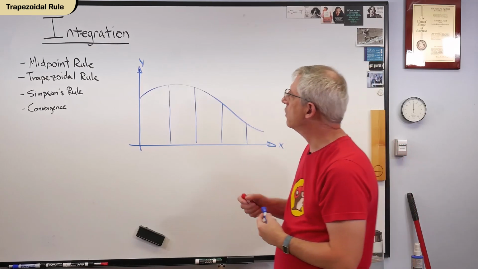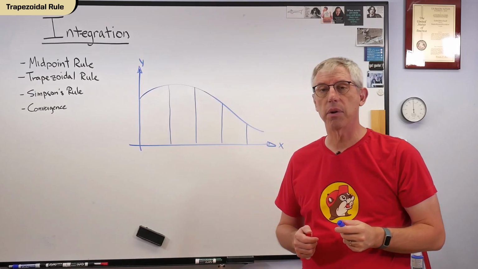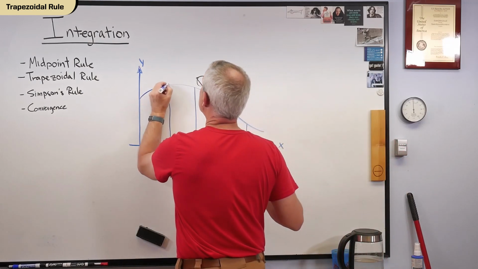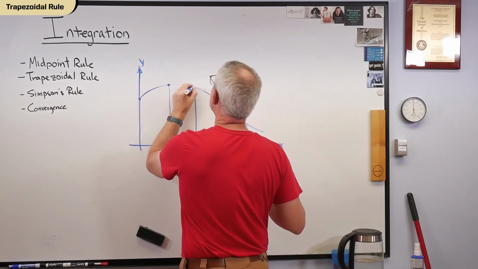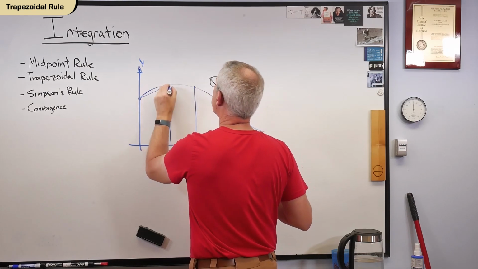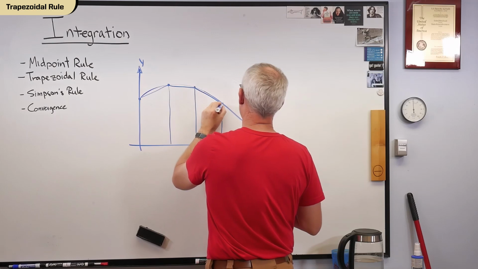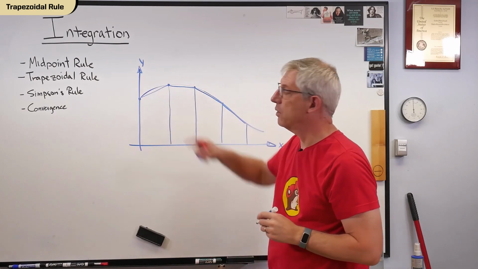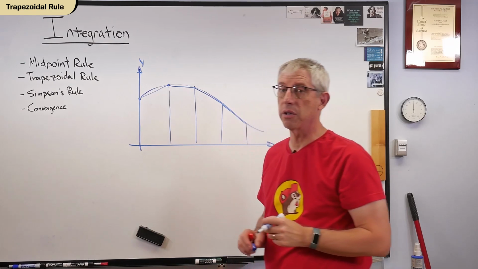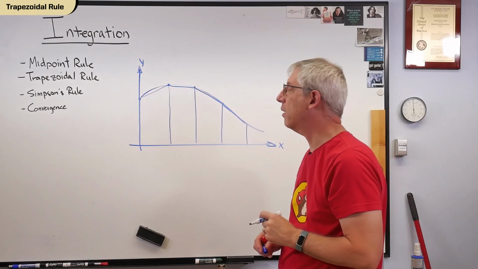And rather than using a horizontal line for the top of the box, we're going to use a sloped line. And rather than just using one point, we're going to use both ends of the box and just draw a straight line between them, like this. Now, where the curvature is negative, you're going to underestimate the error. Where the curvature is positive, you're going to overestimate the error.